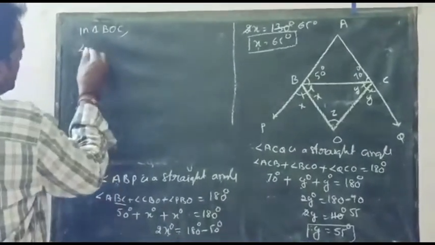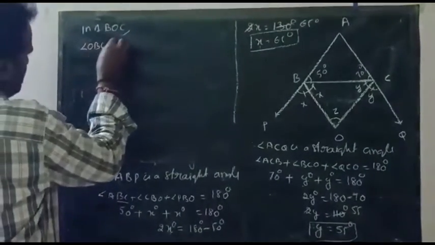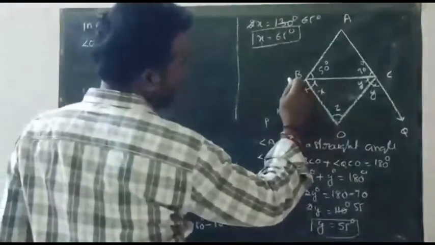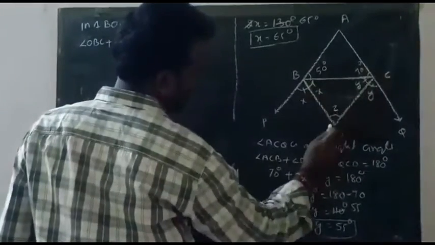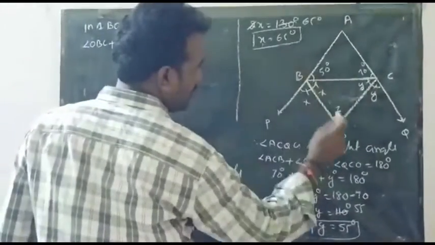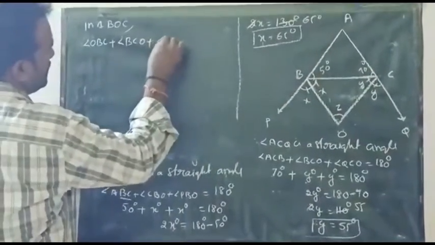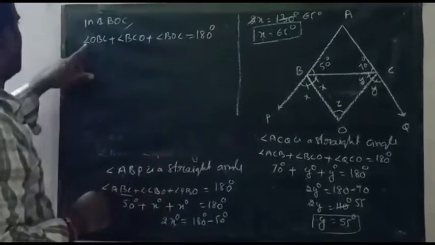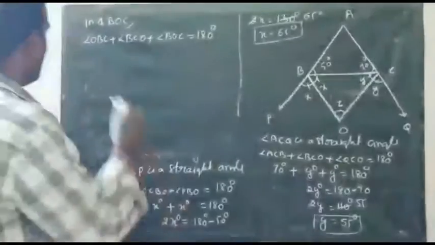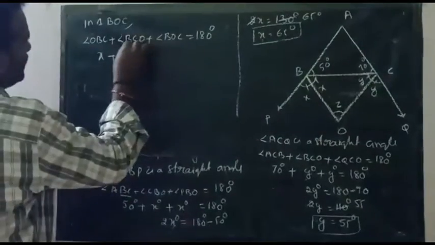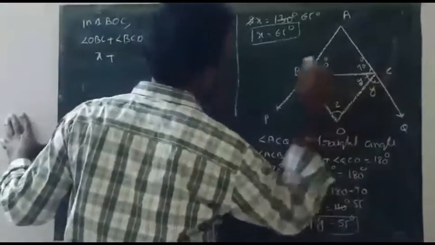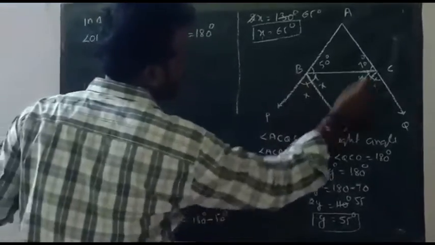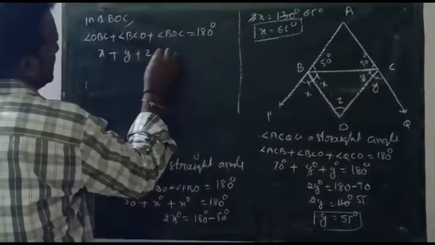So angle OBC is x, plus angle BCO is y, plus angle BOC is z, that is equal to 180 degrees.